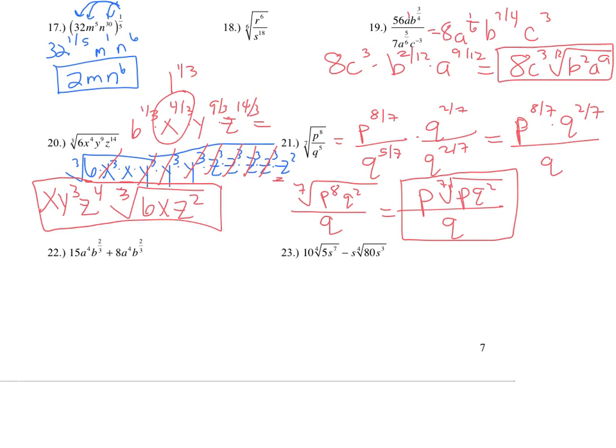Then you still have 1 under the cube root. 9/3 is really just 3. So you have a y cubed on the outside. 14/3 is 4 and 2/3, meaning you've got z to the 4th on the outside, and then you've got 2 left under the cube root. However you want to go through and think about it, whatever makes most sense to you is fine.